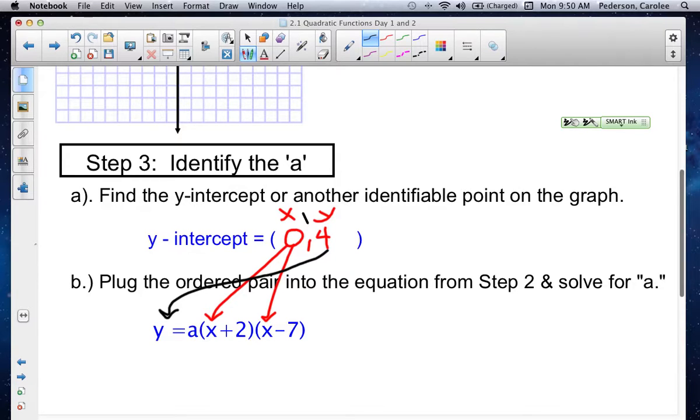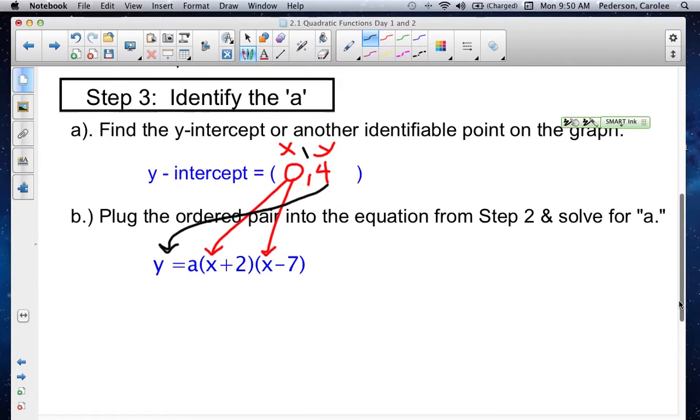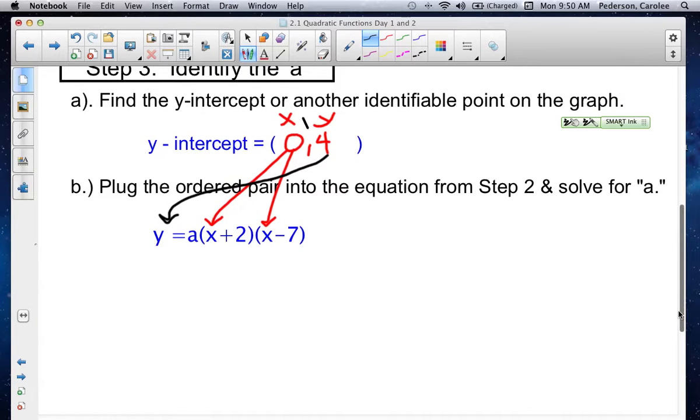And then we'll substitute it in and solve for A. So here is our y value, and the y value of that point is 4.